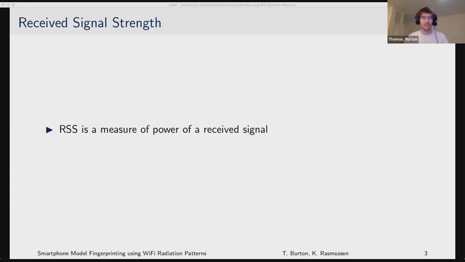This is measured in watts or milliwatts or decimal milliwatts in some cases. We normally just use decimal milliwatts, but there's other ways you can measure this. The units you can use. And conventionally, RSS is used for localization and problems of that nature. But as I'll explain in a minute, it is also useful for fingerprinting.